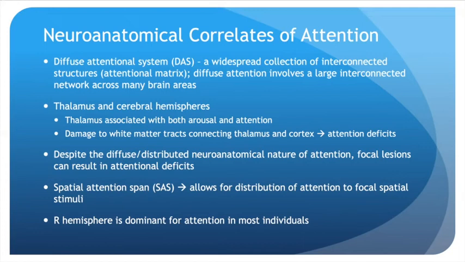So, your spatial attention span, SAS, this allows for distributed attention to focal spatial stimuli. If a particular point is damaged, there might actually be a resultant deficit in attention, and it might be specific to one particular area or function of attention.